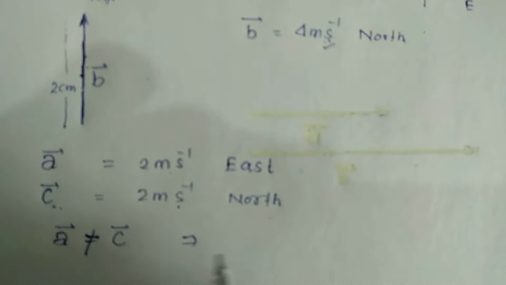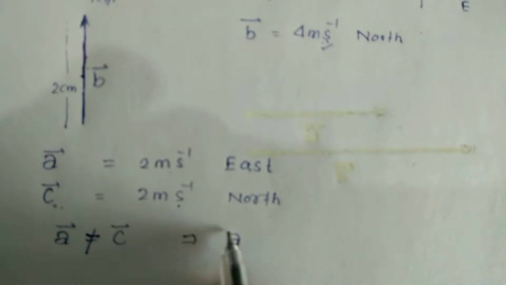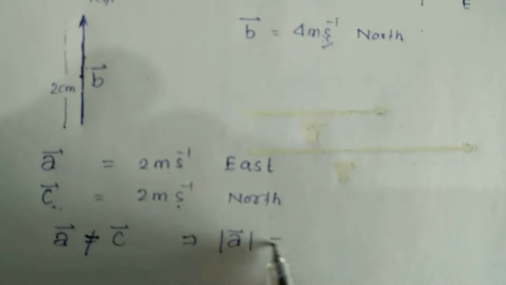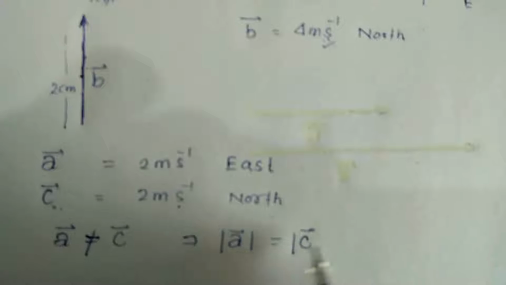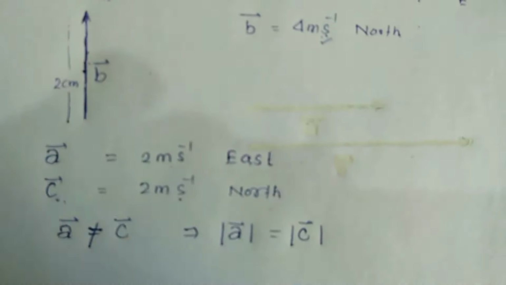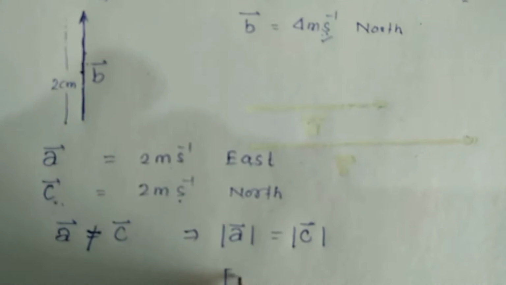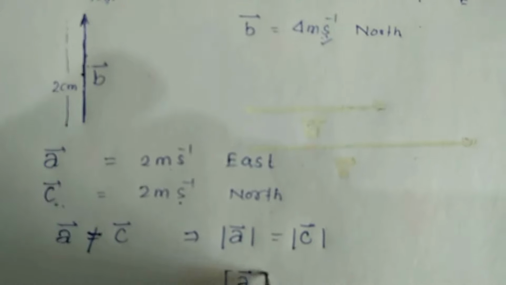If we see here, the magnitudes of the vectors A and C are the same. The dimension of a vector quantity is also the same, dimensionally equal.